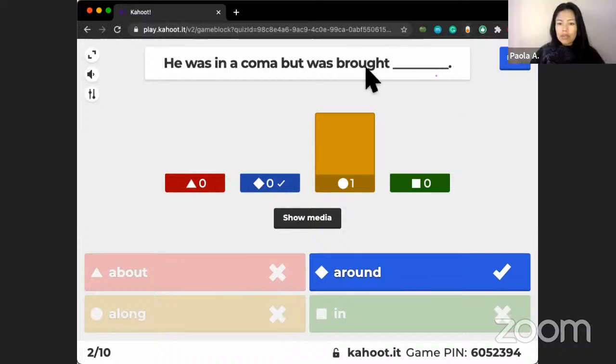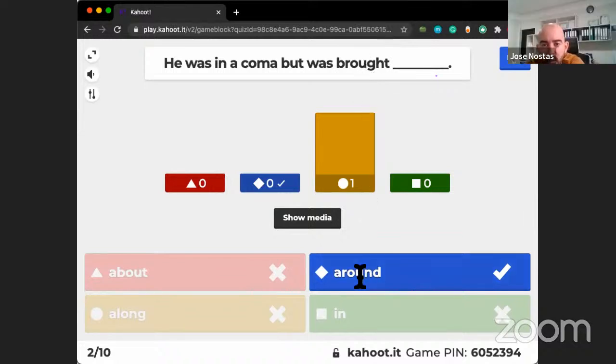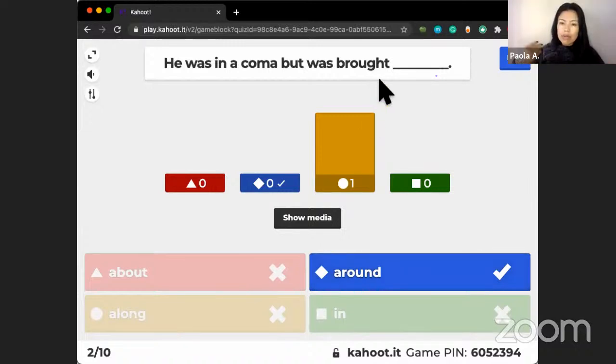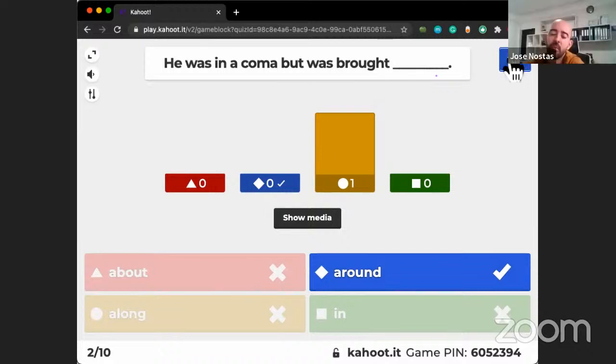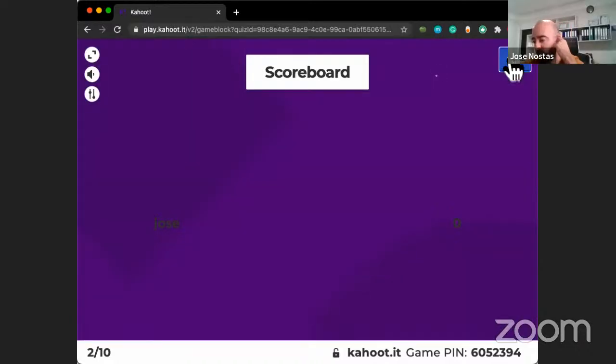Brought is the past tense of bring, and around is like it came back. No, he came back. Bring around, or brought around, is to return, maybe in this context to come back to life.